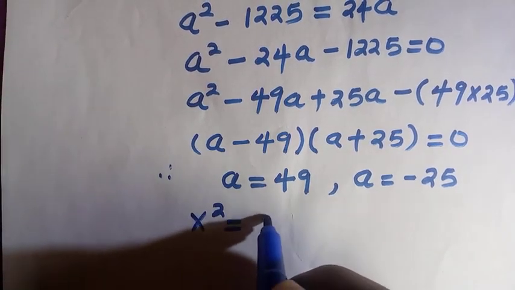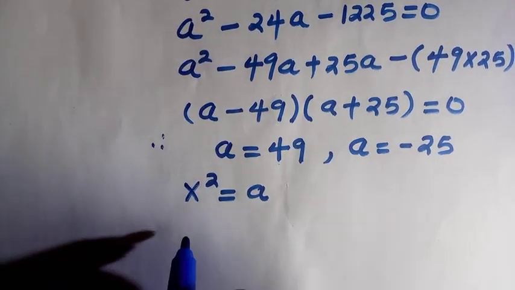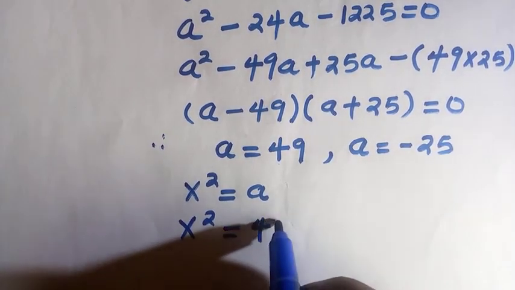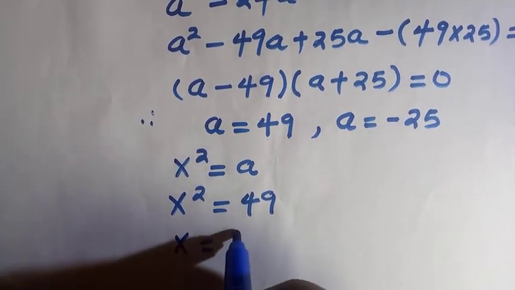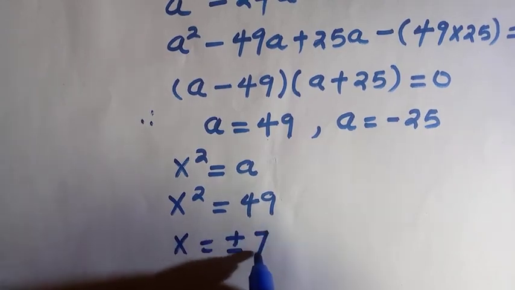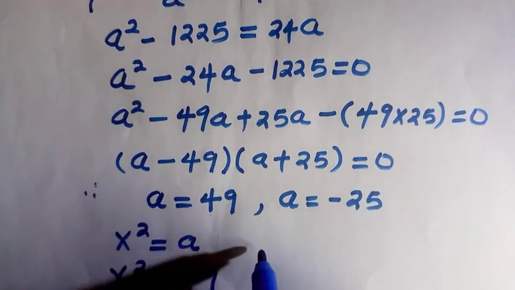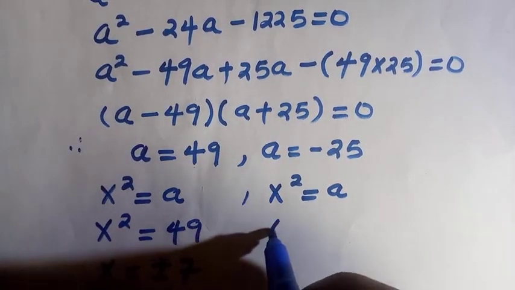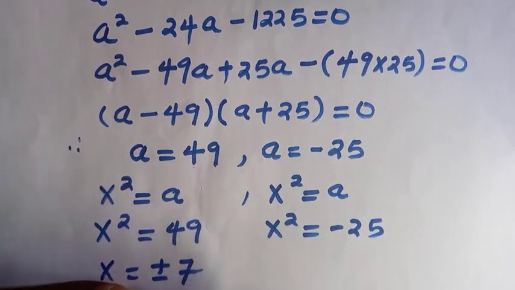When x squared equals a and a equals 49, we have x squared equals 49, and by taking the square root of both sides, we have plus or minus 7. While for the second one, x squared equals a, and at a equals negative 25, we have x squared equals negative 25.